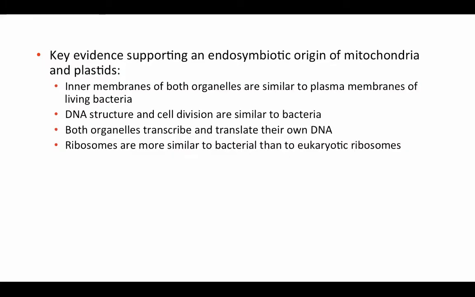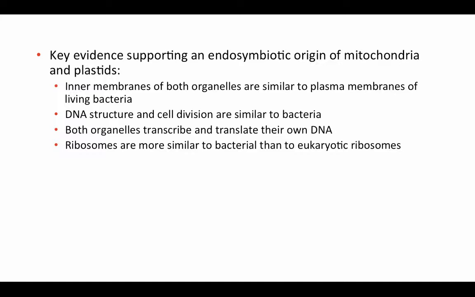So the key evidence supporting this endosymbiotic origin of mitochondria and plastids includes: the inner membranes of both organelles are similar to the plasma membranes that we see in living bacteria. The DNA structure and the division of these organelles are similar to cell division, binary fission, in bacteria.